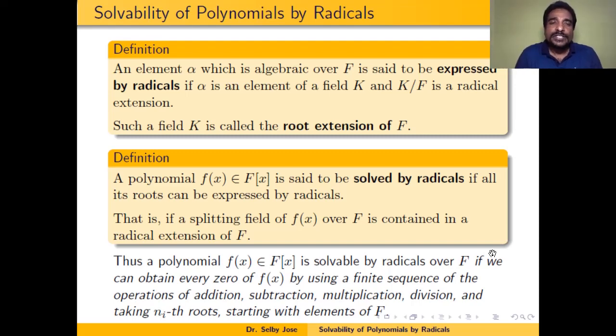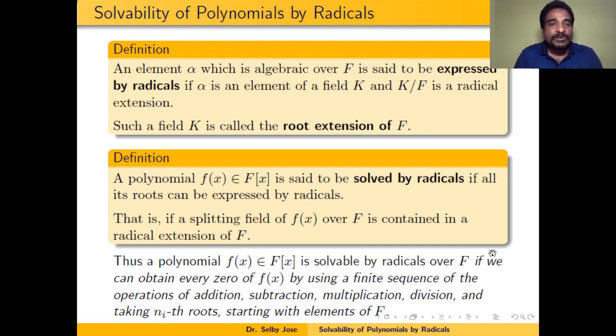So what is the importance of saying that f(x) is solvable by radicals? In this case, we can express each root of f(x) by a finite sequence of operations of addition, subtraction, division, multiplication and some radicals, that means nth roots, starting with the elements of F. So as we have seen in the case of a quadratic equation, the roots of the quadratic equation ax^2 + bx + c = 0 are (-b ± √(b^2 - 4ac)) / 2a.